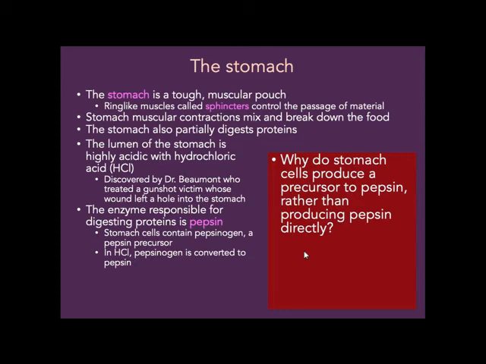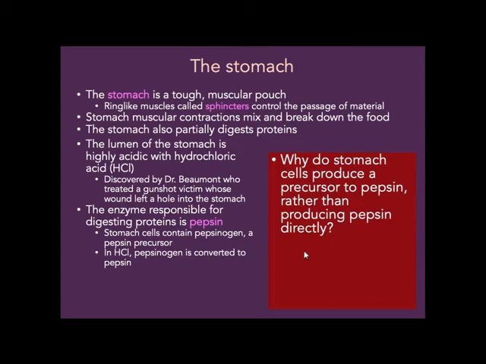Wow, it is extra complicated. Why not just make pepsin? Well, what does pepsin do? It breaks down proteins and other foods. Okay. So if the cells made the substance that broke down proteins and other foods, what would happen to the cell?